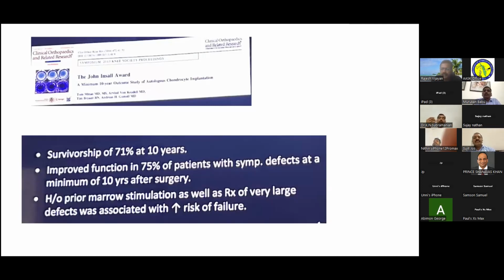But up to about 10 years, that is the time for professional athletes for their matches and all. So that will hold for 8 to 10 years, and then it weans off. So they will end up again with the degenerative part of arthritis at about 10 to 15 years time. The sustainable results start going down.